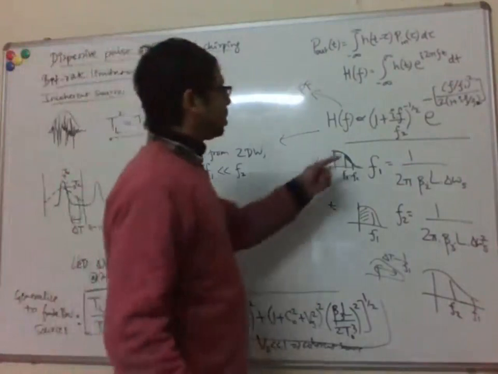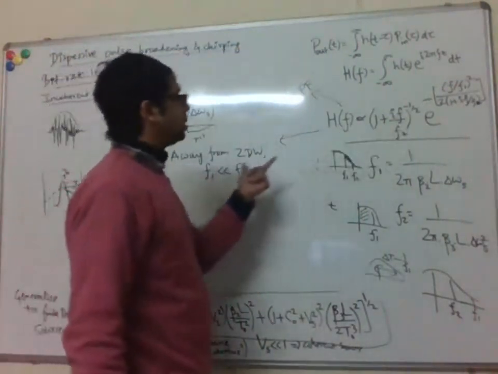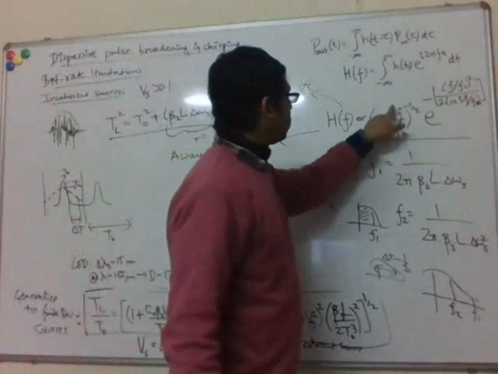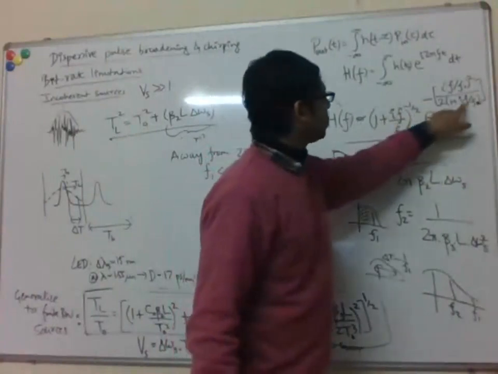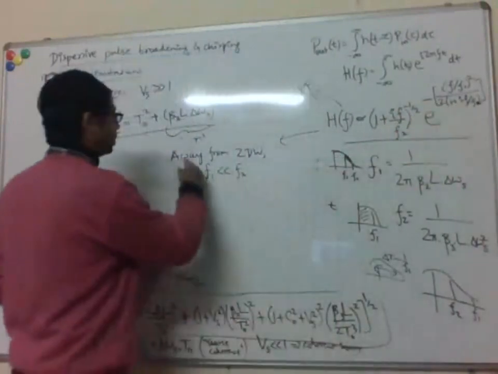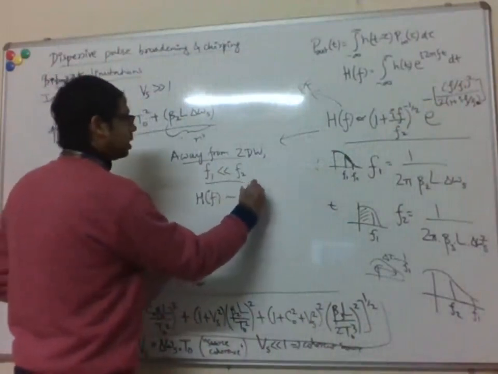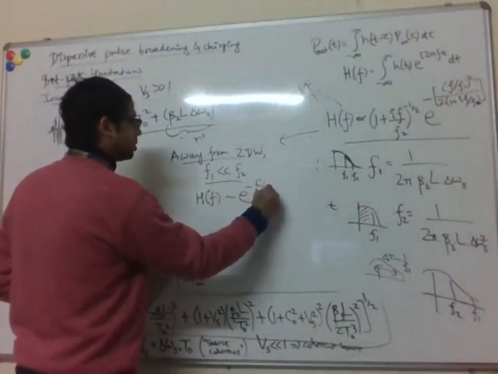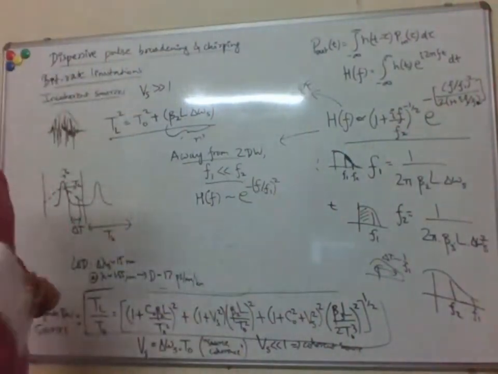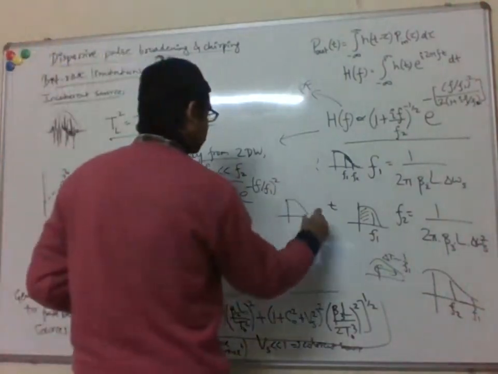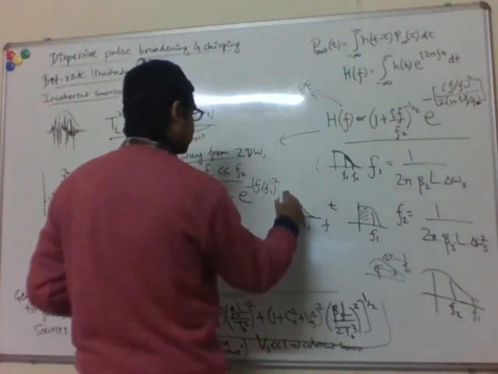So the frequencies of interest now are up to F1, and f over F2 we can neglect because F2 is much bigger. So this is just 1, and here also f over F2 we can neglect. So this filter response just becomes a Gaussian-like filter function with cutoff frequency F1. It just looks like this, like a low pass filter, with cutoff frequency F1.